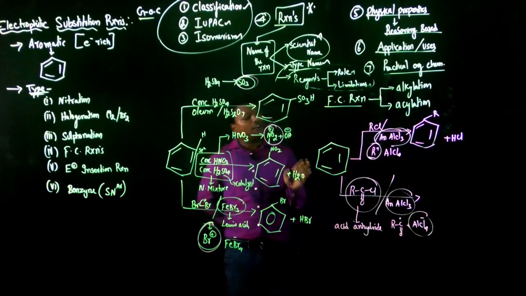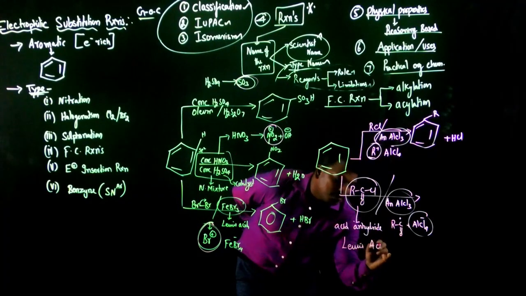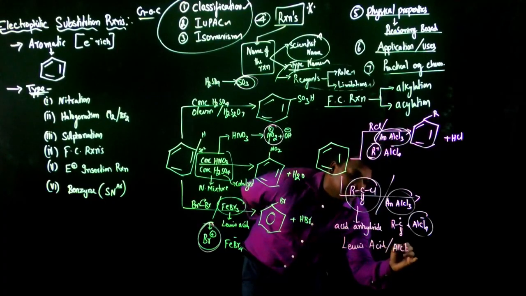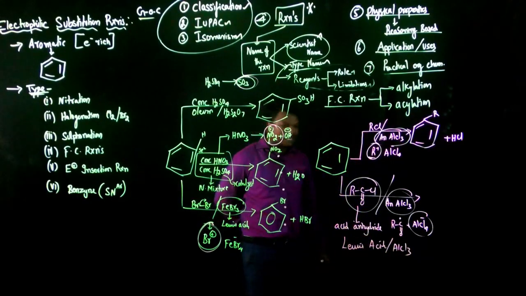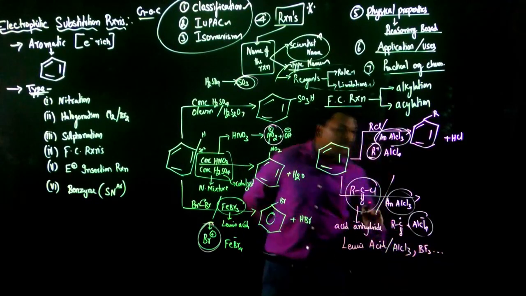And students, don't forget, whenever you use any Lewis acid, it is not mandatory that you have to use AlCl3. Since Friedel-Crafts reactions we are using AlCl3, you can use even BF3, etc. Any Lewis acid you can use.